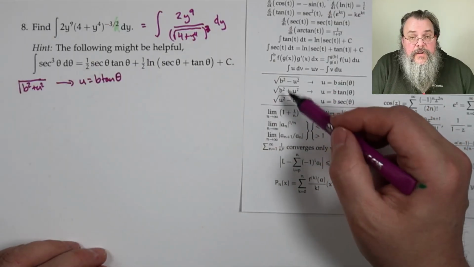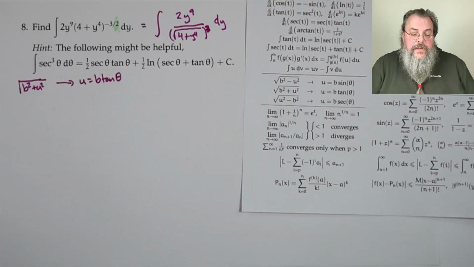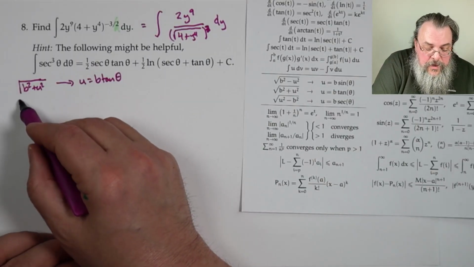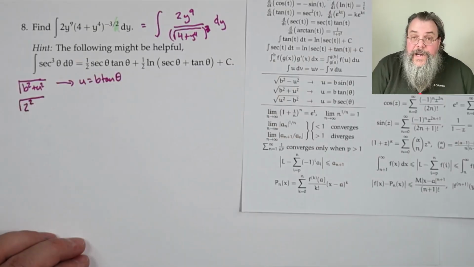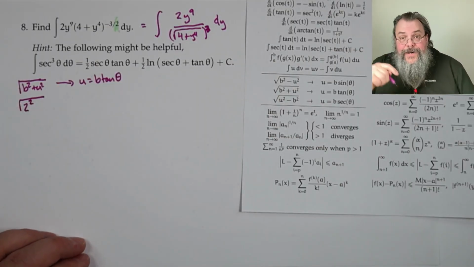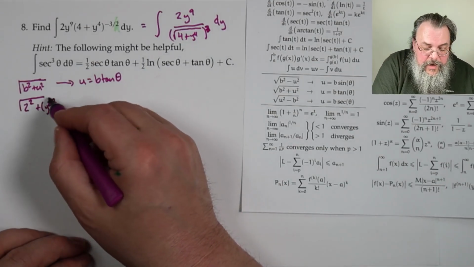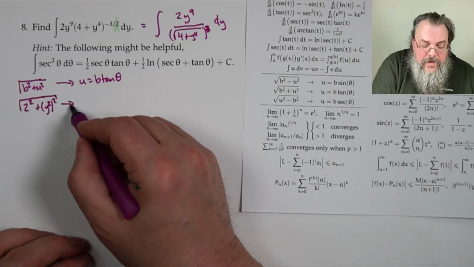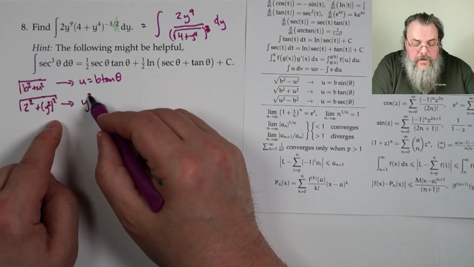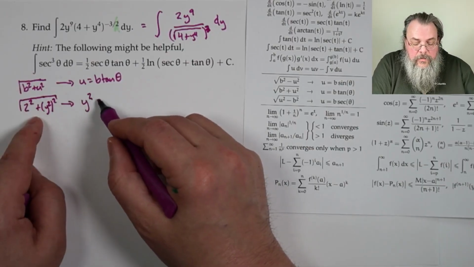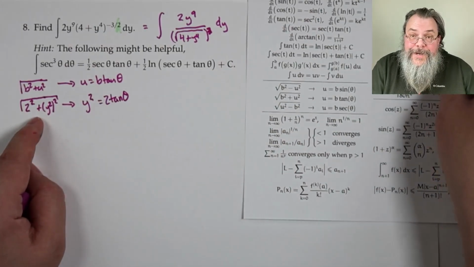The b here is standing for a number. The u is standing for the varying part, something with a variable. So for us, 4 is 2 squared. Y to the 4th is y squared, squared. So 2 squared plus y squared, squared. If we just follow the recipe, u is y squared and b is 2. So y squared equals 2 tangent theta. That is the substitution we're going to make.